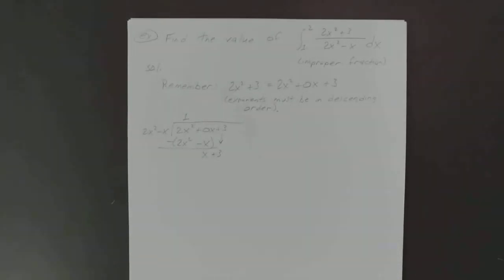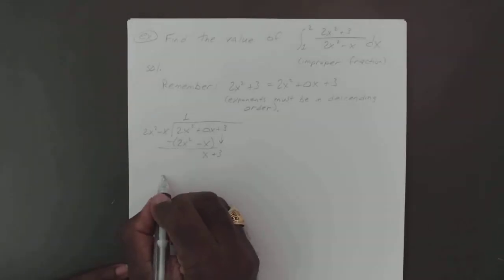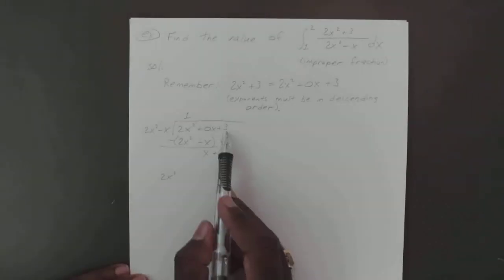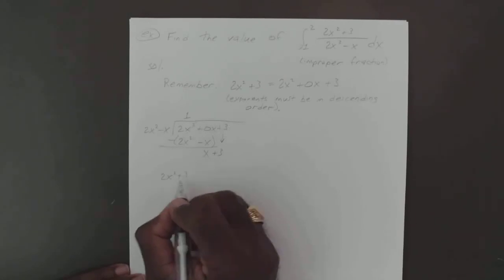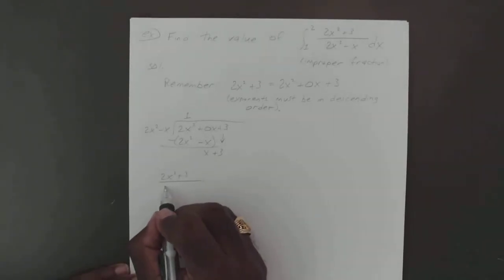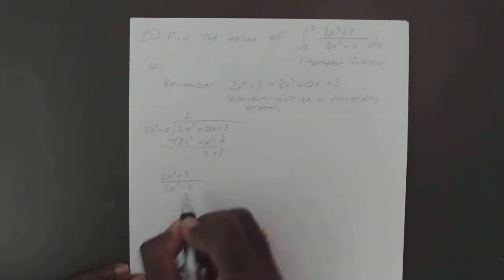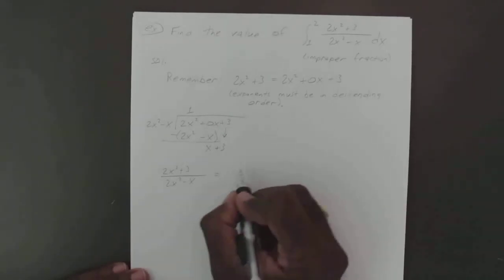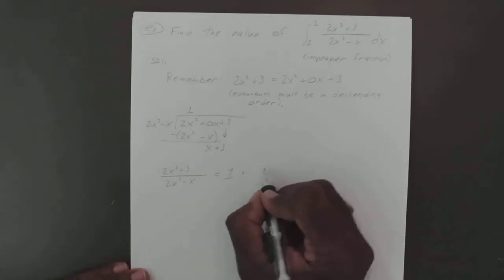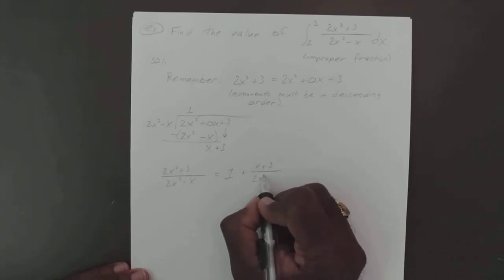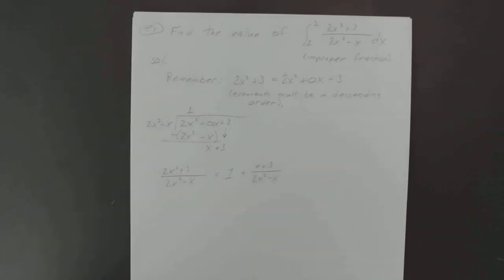And we bring down the next term. Okay, so that means 2x squared plus 3 divided by 2x squared minus x actually equals 1 plus x plus 3 over 2x squared minus x.